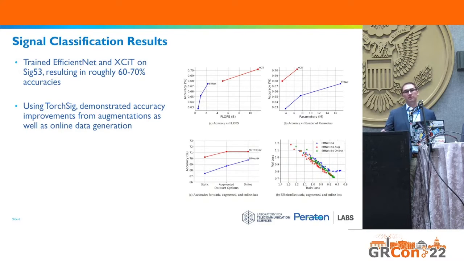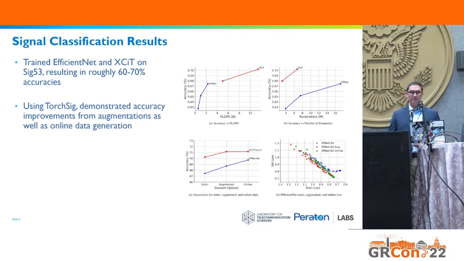Each time these samples are requested from the SIG53 data set, we're applying new out-of-distribution data augmentations that were intentionally from a different set than those used in the impairment selection that we used in the generation of the SIG53 data set. And as you might expect with these additional augmentations, our performance is increasing effectively for free because we're just applying these existing augmentations at training time and then seeing this increased performance by roughly 1 to 1.5% across both the EfficientNet and the XCiT architectures.